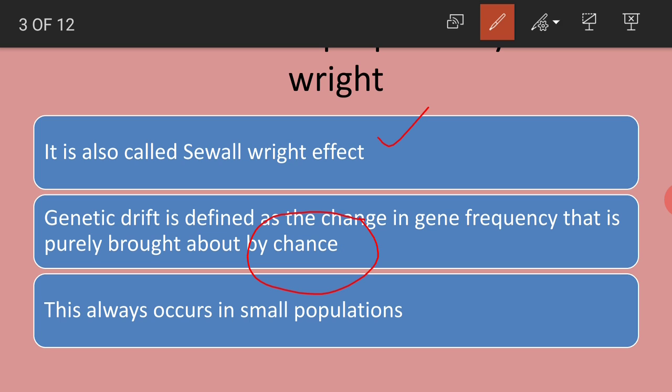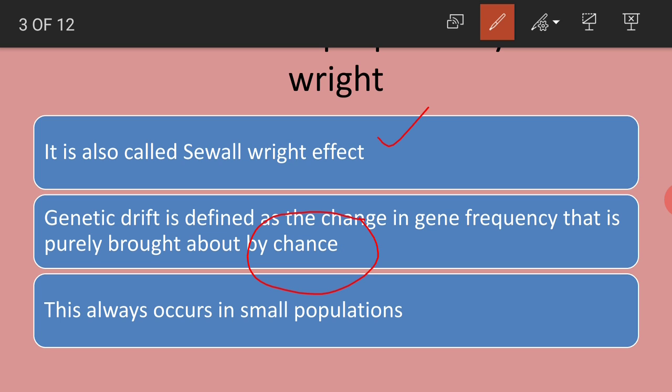And this always occurs in small populations because a big population is a very vast unit in which to identify changes. For example, big populations are comparable to oceans. If you add a drop of water to the ocean, the change brought about by the drop of water is not at a perceptible level.